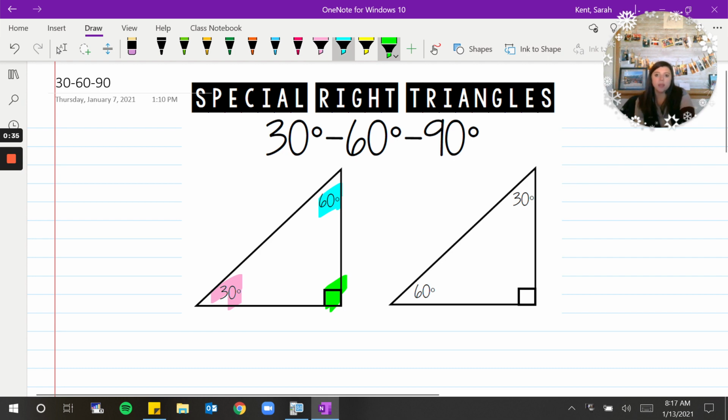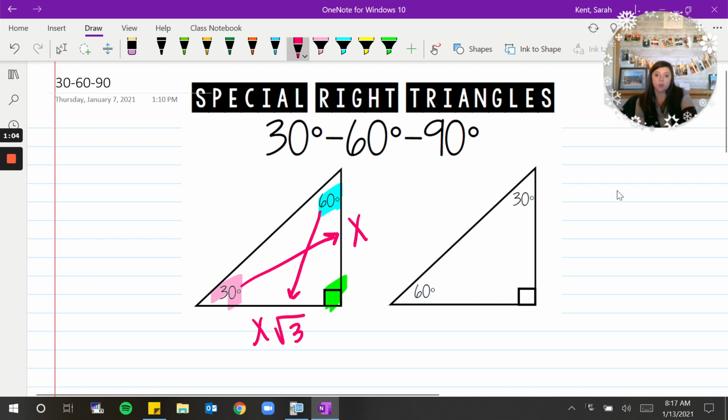So for our rules, how this one works is since it's three different angles, you're going to have three different sides. So across from the smallest angle of 30 degrees is going to be our x. This is all by itself. Then across from the 60 degree, we have x square root of 3.